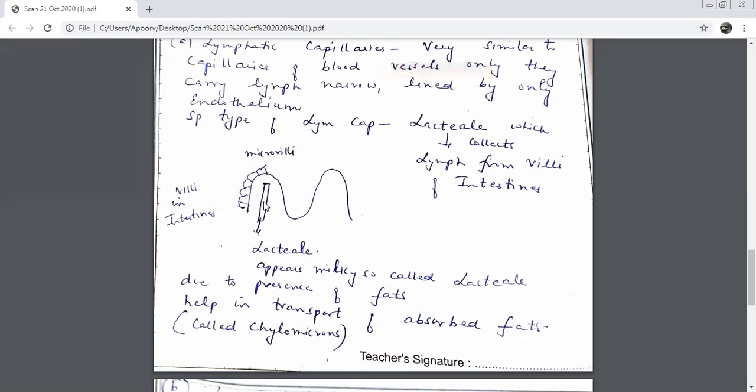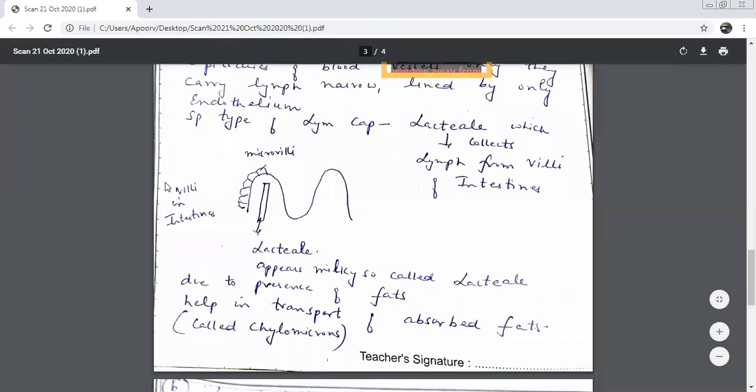These fats inside it, because of which this capillary looks milky, these big globules of fats, are known as chylomicrons. If you want, you learn. If you don't want, don't learn. I just keep telling whatever you feel. This is not a part of the syllabus. It's okay.